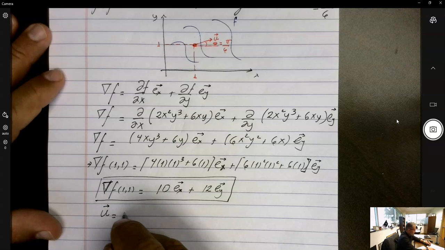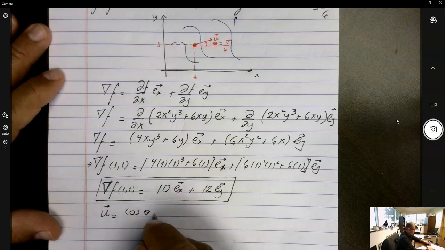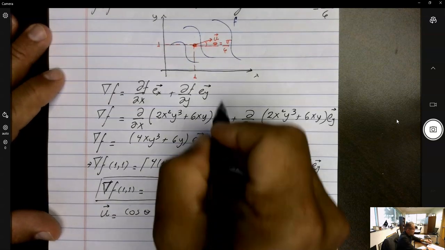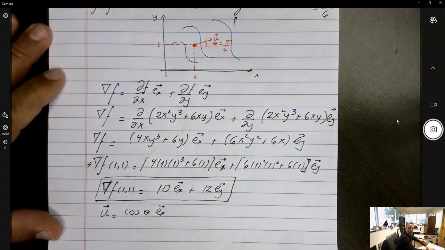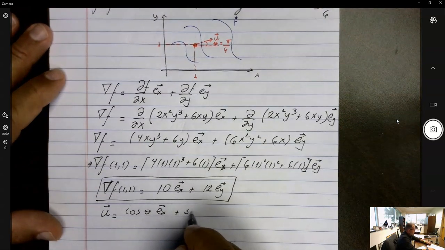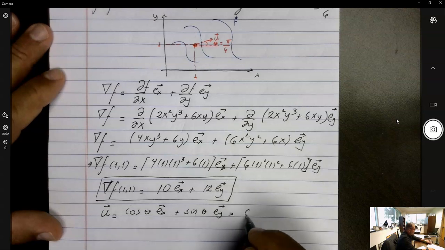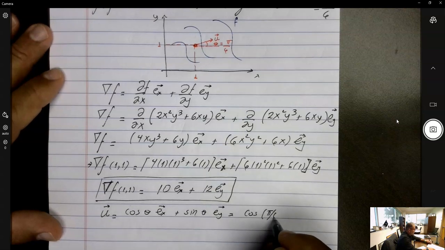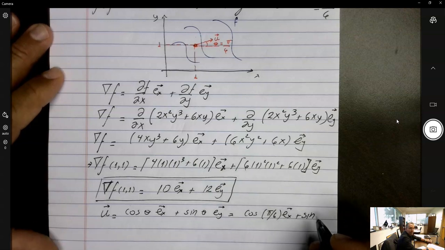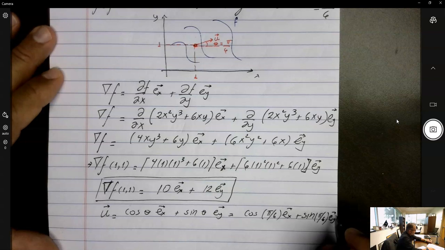The unit vector is defined as cosine of theta in the x direction, because we were given a tangent direction, so we can just define the vector like this, which is the cosine of pi over 6 in the x direction plus the sine of pi over 6 in the y direction.